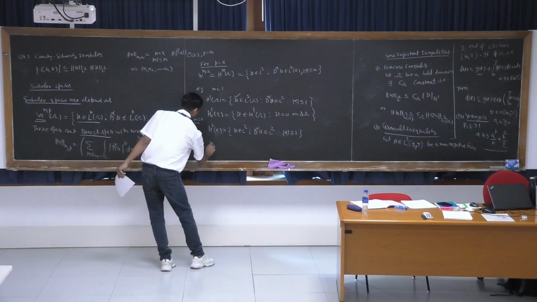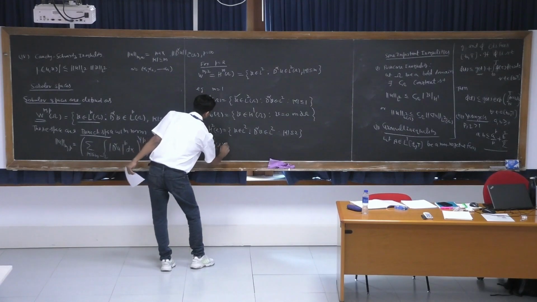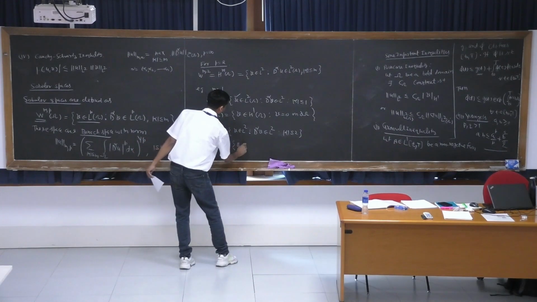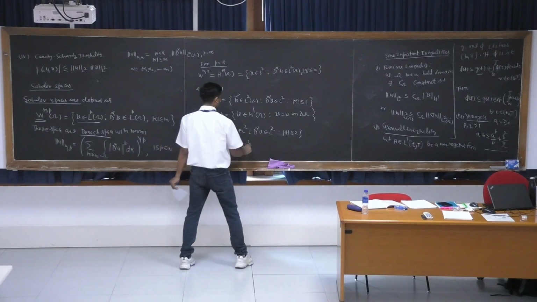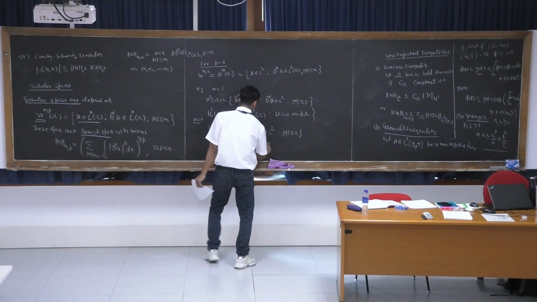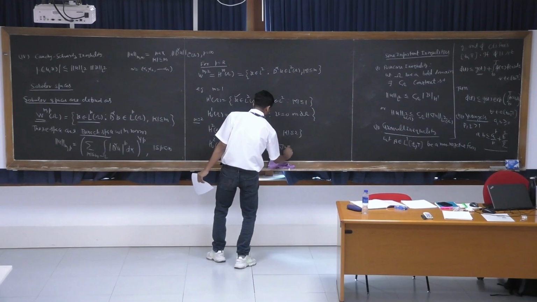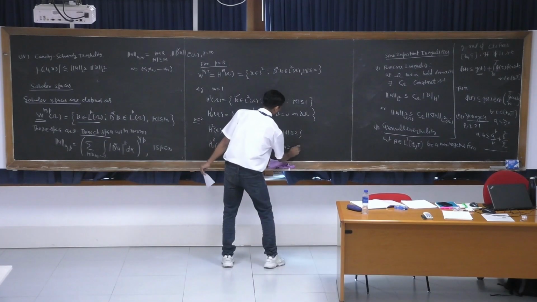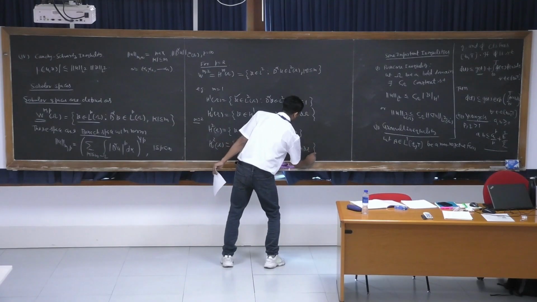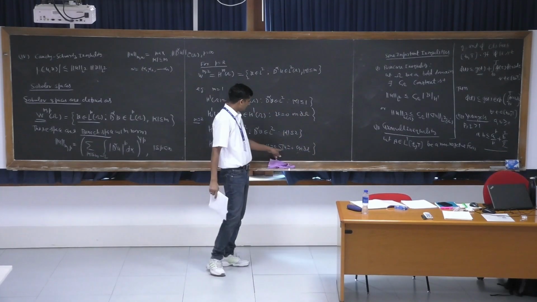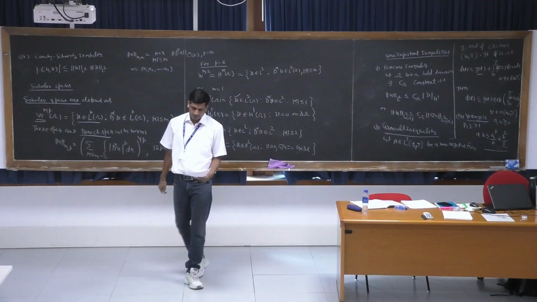One more important space is H02. Here v belongs to H2 such that v is equal to 0 and del v is also 0 on the boundary.